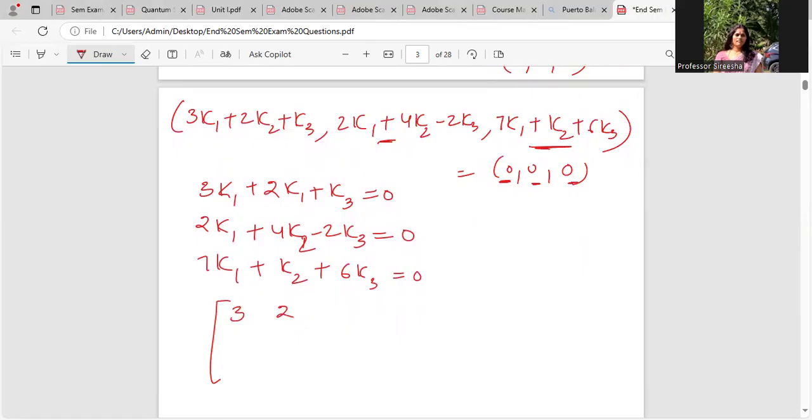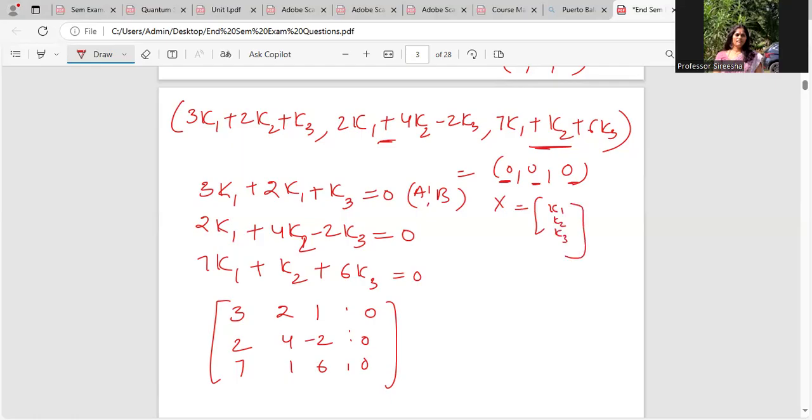That would be enough. I need not find the rank of the augmented matrix, because the augmented column would have only zeros. The RHS would be my B, the LHS would be my A, and the unknowns, the vector X, would have k1, k2 and k3.